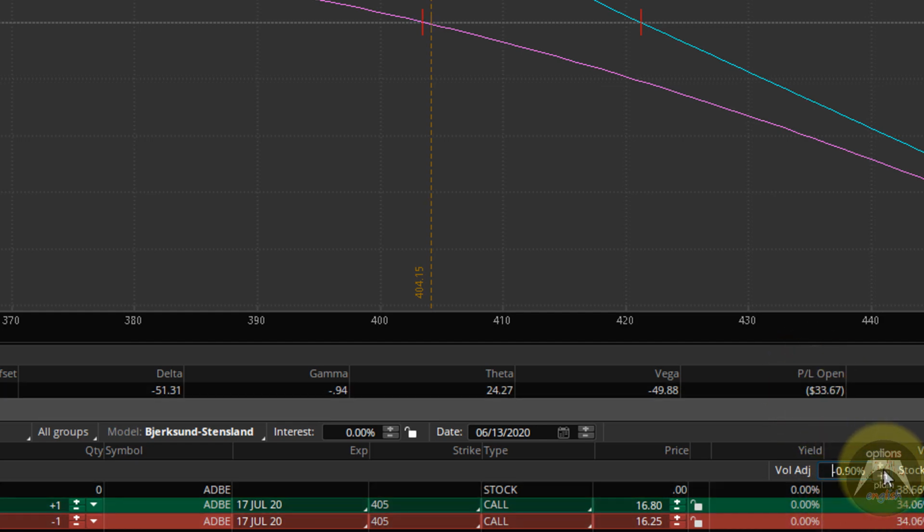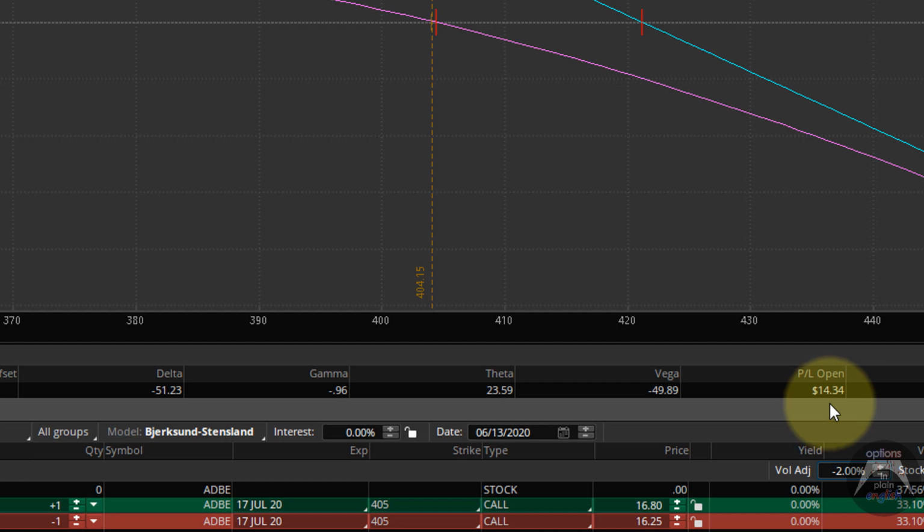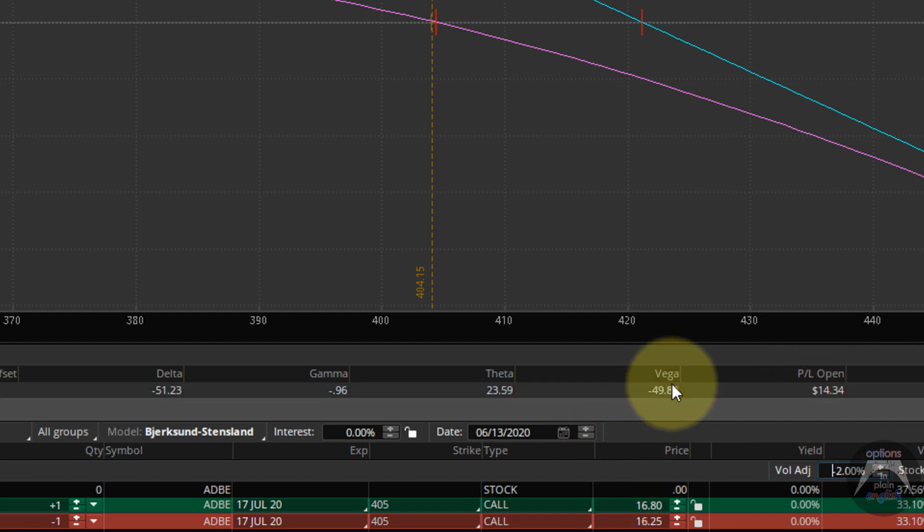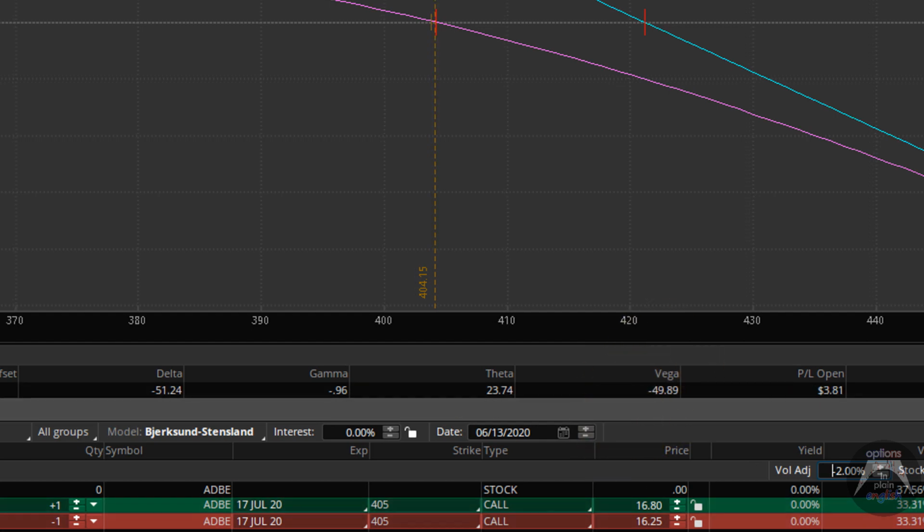And if it goes down by another percentage point, so by 2%, now I have profits. So you can see how negative Vega, which is what you have when you're short an option, in this case a call, but it's the same thing with a put, affects the price of the option, and it affects your position depending on whether you're net short or net long options.